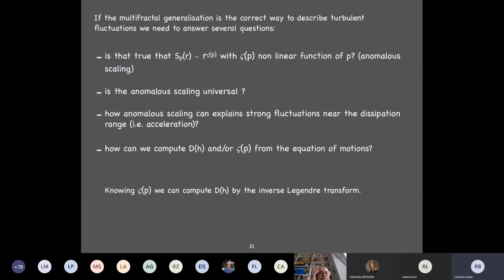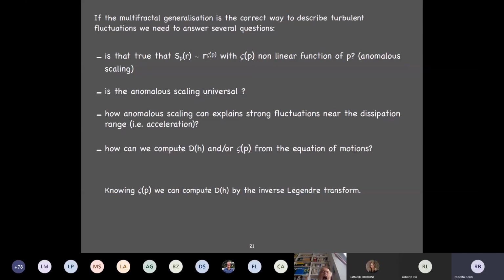Then you remember the problem of the acceleration. Even if we are able to compute or to assume or to prove, at least experimentally, that there is an anomalous scaling, then how can we link the anomalous scaling with the statistical property in the very deep dissipation range?